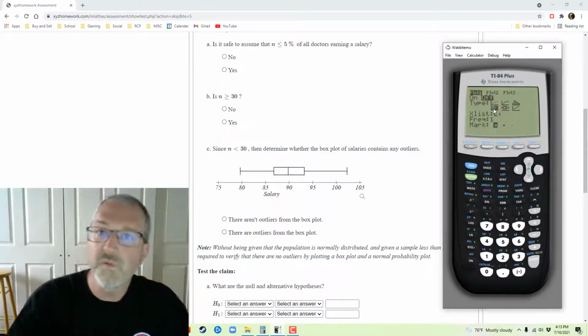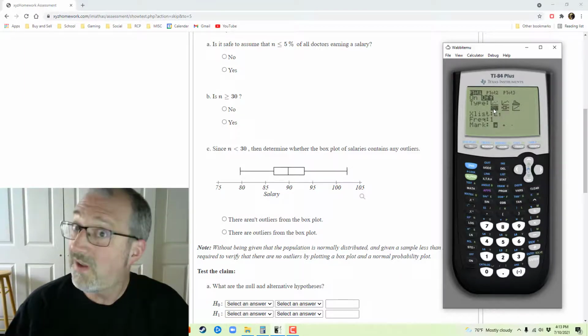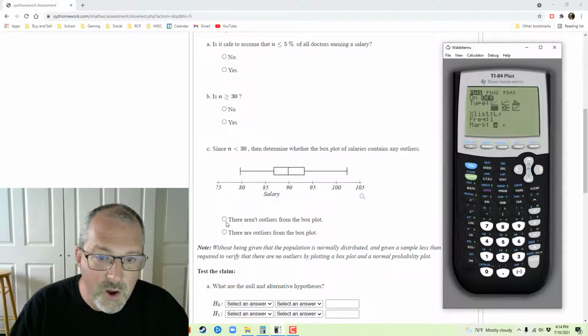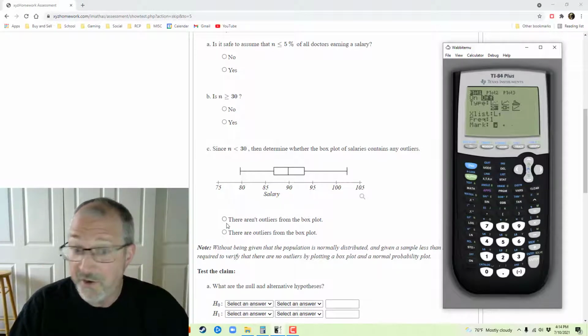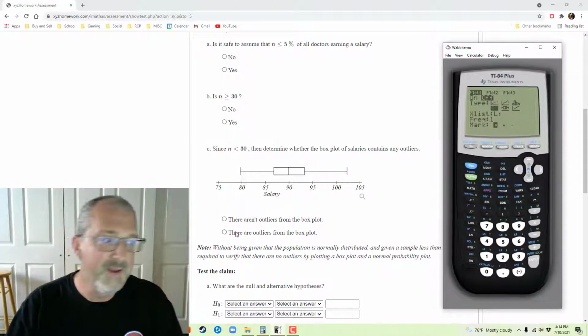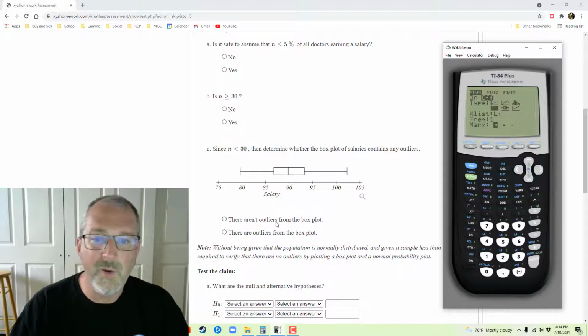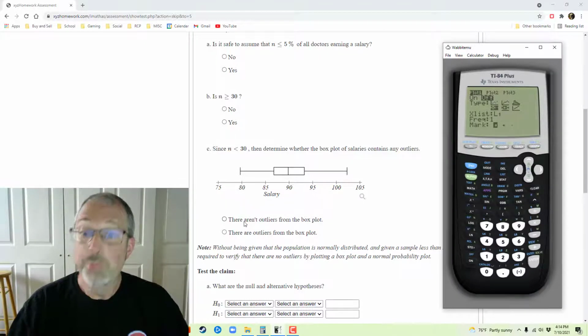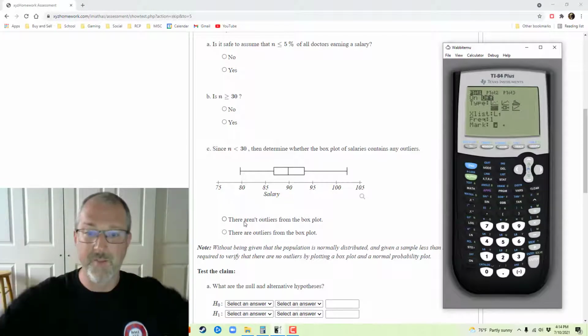As this box and whisker plot has no little dots to indicate an outlier, we're moving on, and you can click there are no outliers, this option here. Again, these are random, so it could be at the top or bottom option. Please read carefully. And this says there aren't outliers from the box plot. And by the way, if there were, we'd be done with the problem.